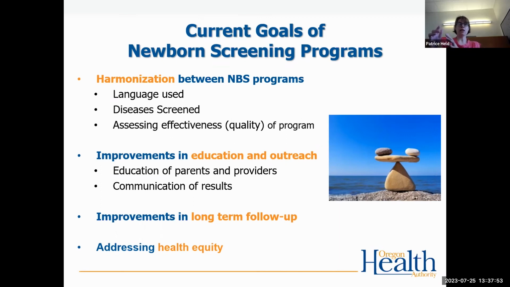So are they actually achieving a diagnosis in a timely manner? Are babies equally able to access treatment and equally able to access the care that they need? So again, taking that much broader approach to the newborn screening program and looking at health equity, not just at the point of screening, but within the larger context.